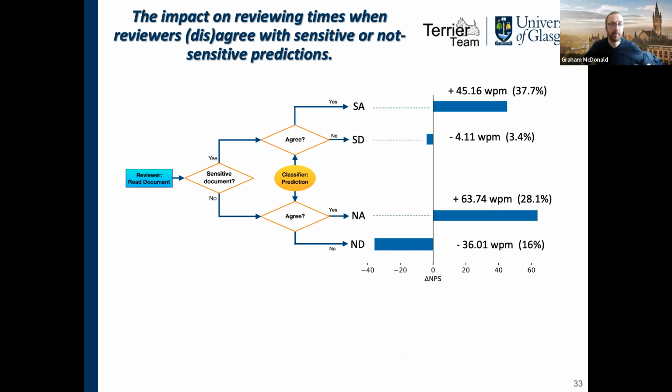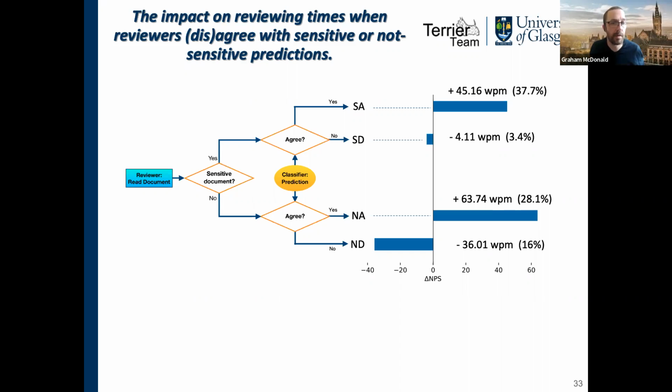However, when they disagree with the classifier, that actually reduces their reviewing speed slightly. Because obviously, if it's non-sensitive and they think it's non-sensitive, they can make the decision quite quickly. If it's sensitive and it helps them identify the sensitivity, then it increases. But whenever they disagree or they're not sure about the classifier, it can actually take them a wee bit longer.